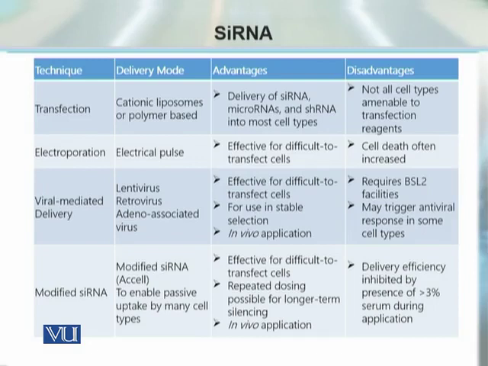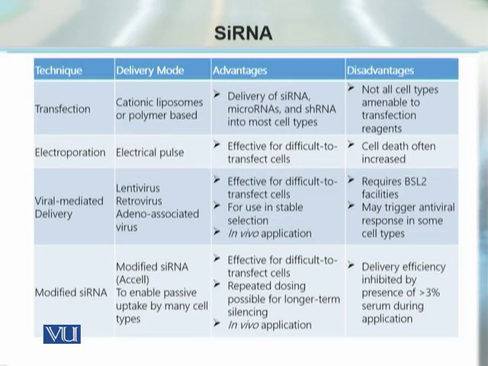Every method has its own advantages and its own disadvantages. Transfection basically deals with cationic, liposomic, or polymer based delivery methods. Electroporation deals with the electrical pulse method for delivery. Viral mediated delivery needs some viral vectors.